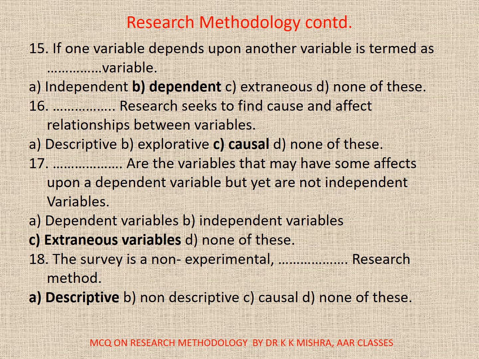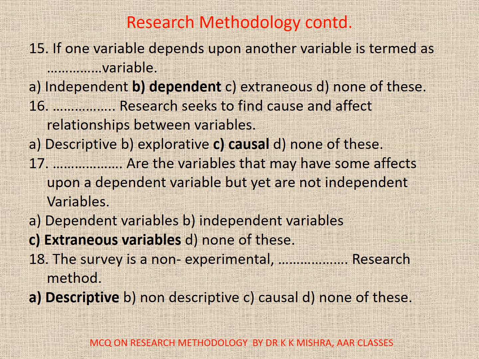15. If one variable depends upon another variable is termed as dash variable. A. Independent. B. Dependent. C. Extraneous. D. None. Correct option is B. Dependent. 16. Dash research seeks to find cause and effect relationships between variables. A. Descriptive.